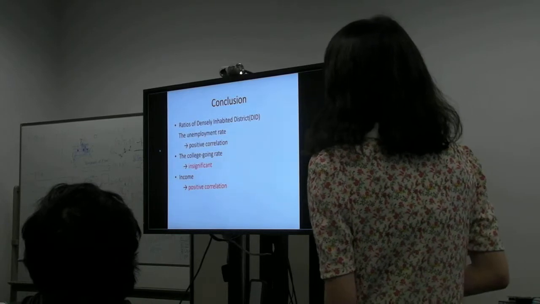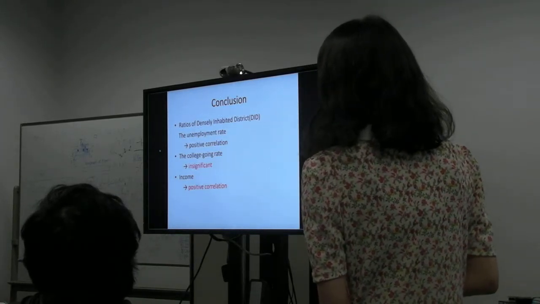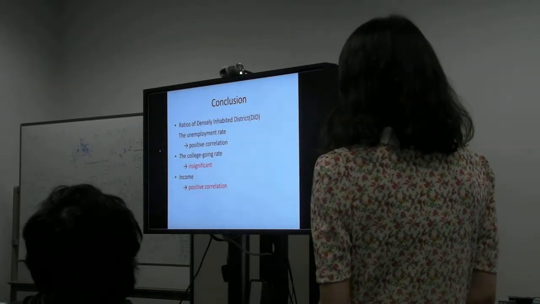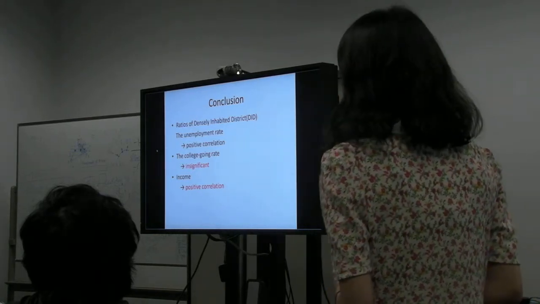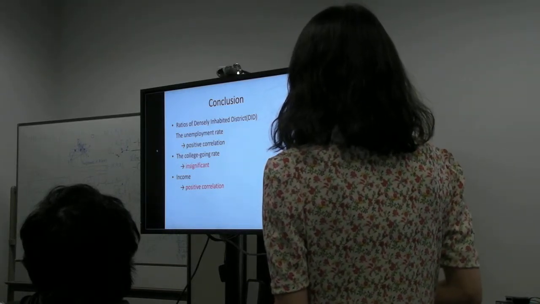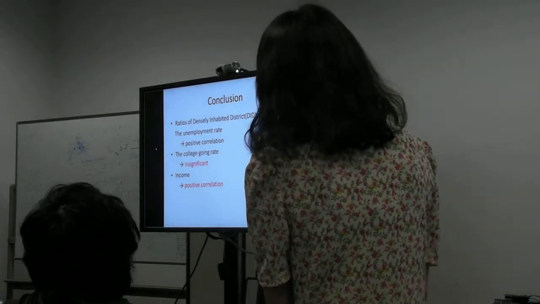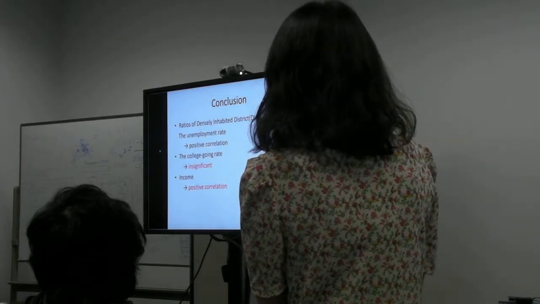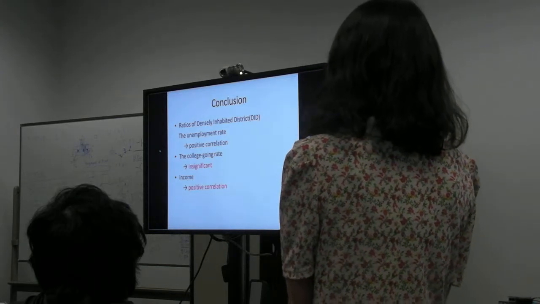Conclusively, the ratio of DID and the employment rate have positive correlation with crime rate, but there are two points that differ from our expectations. The college-going rate and income are quite different from our expectations.